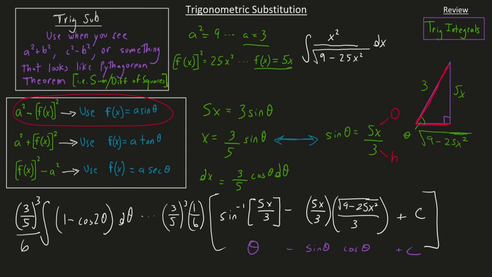So this right here is one of the harder problems for trig substitution. So hopefully you were able to follow it. Remember, you use trig substitution whenever you see a problem that has something that looks like Pythagorean theorem, sum or difference of squares here.